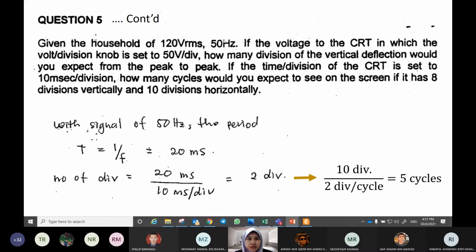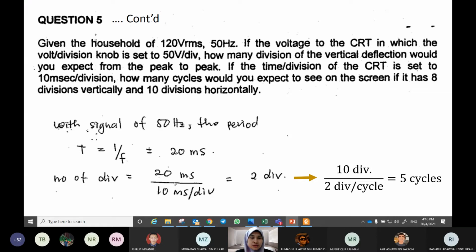So with a 50 Hz signal, we can find the period. T is equal to 1 over f, so the period for a full cycle is equal to 20 millisecond. And we know that the period is equal to the number of divisions or boxes multiplied with the time per division setting. So to find the number of divisions, we take the period and divide with the time per division setting.